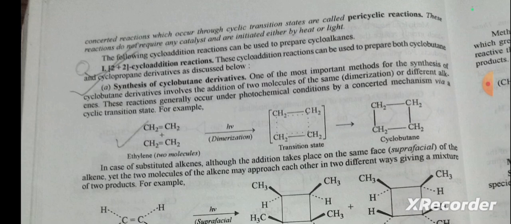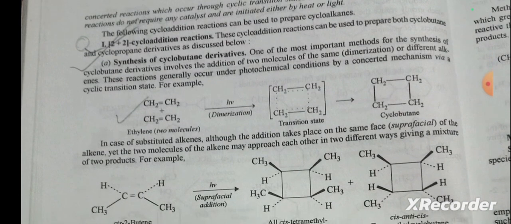One of the most important methods of synthesis of cyclobutane derivatives involves the addition of two molecules of the same or different alkenes. These reactions occur under photochemical conditions by a concerted mechanism via a cyclic transition state. For example, two molecules of ethylene in the presence of UV light give cyclobutane.